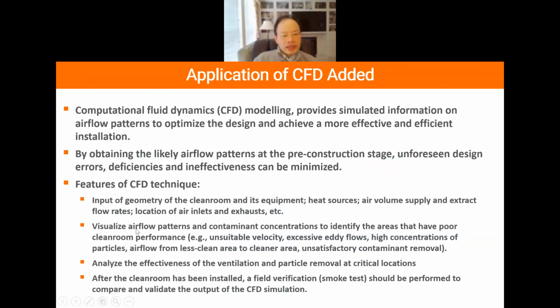You provide this information into the CFD model, and then you can visualize airflow parameters, airflow patterns, and contaminant concentration to identify the areas that have poor performance. For example, unsuitable velocity: some areas have very high velocity, some very low, which may be below your requirement.